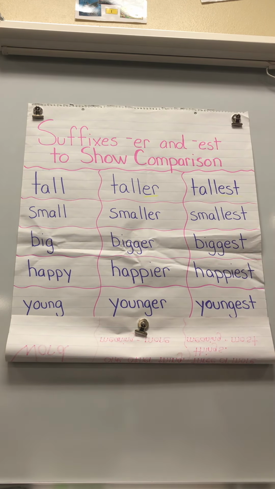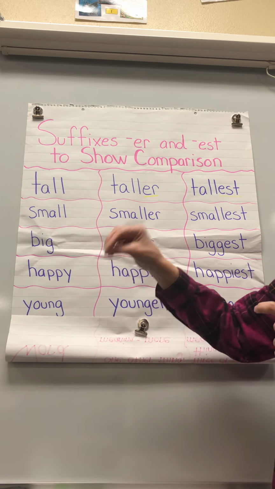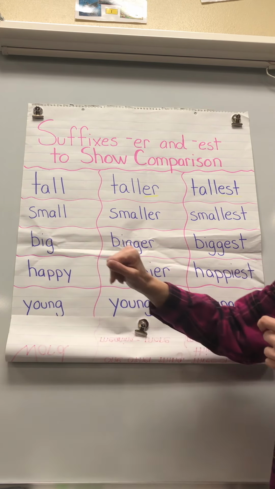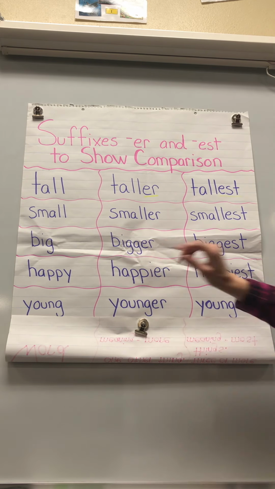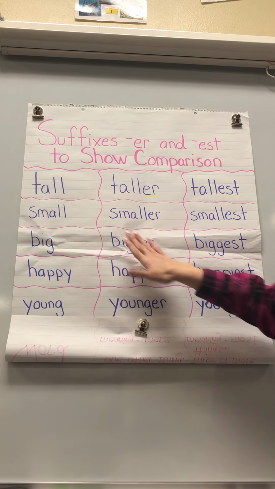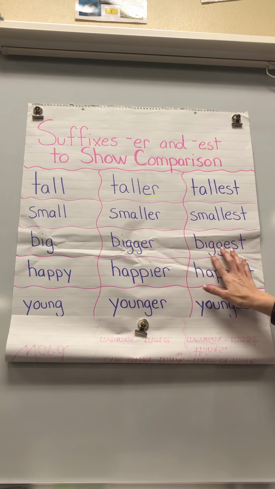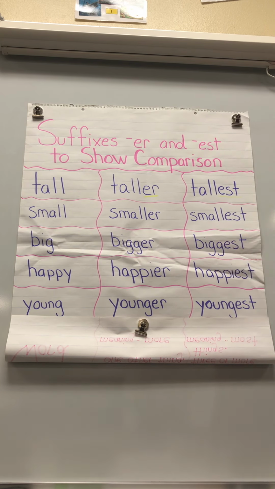Say the word big. Do you hear the short vowel sound in the word big? If there's a short vowel sound and then a consonant, you're going to double that consonant and then add your suffix. So, bigger is more big, comparing two things, and biggest is the most big, comparing three or more things.